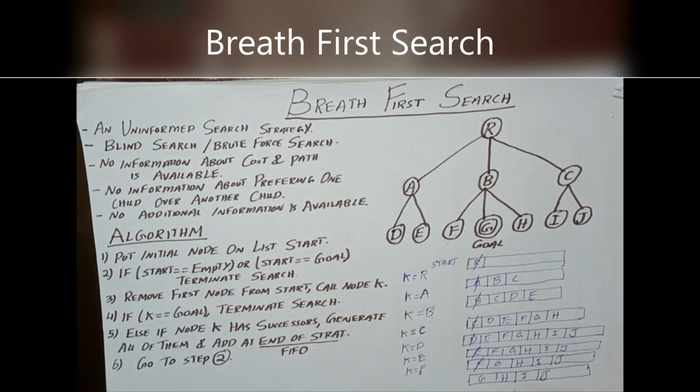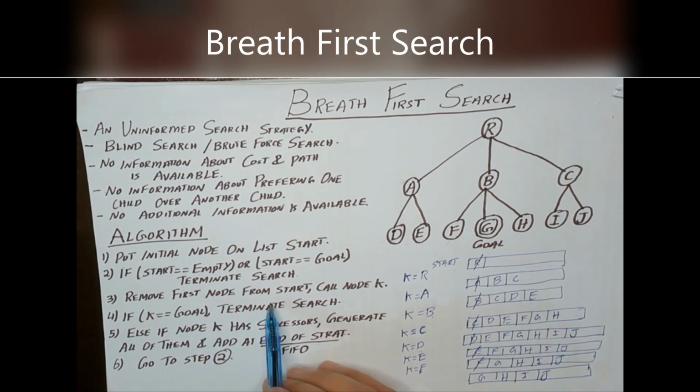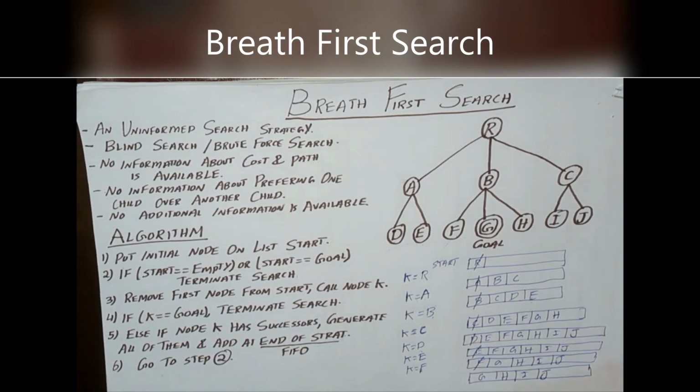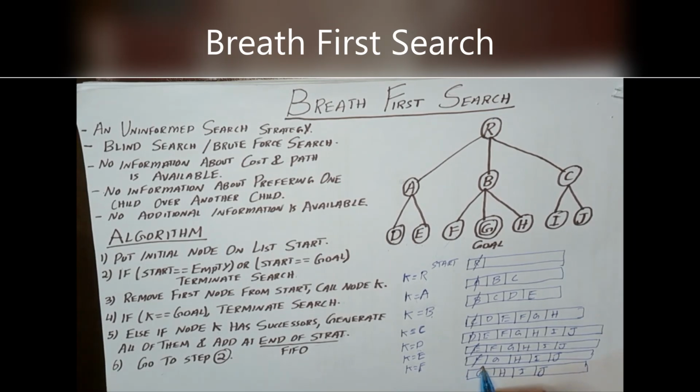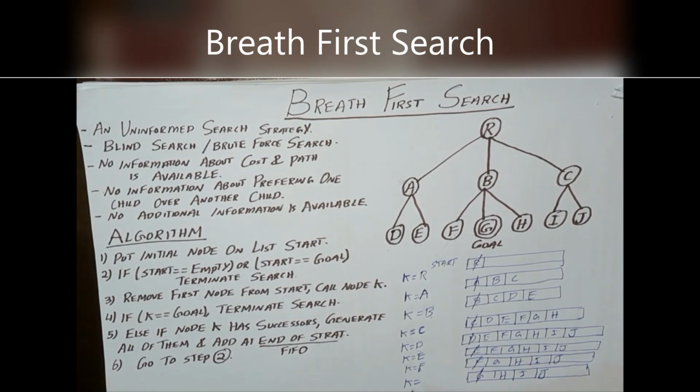So we'll go to step 6, from where we will go back again to the second step. We will see, is it empty or is it goal? No, we will move to the third one. Remove the first node from start, call it node K. Now we will again remove the first node from this list, that was G, and we'll assign this value to our K variable.